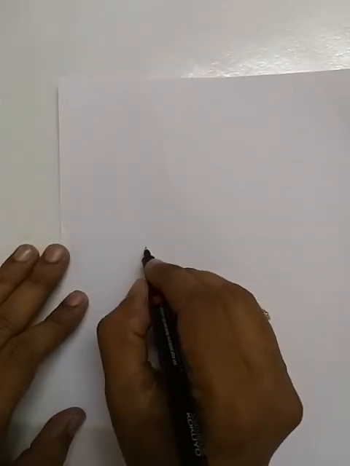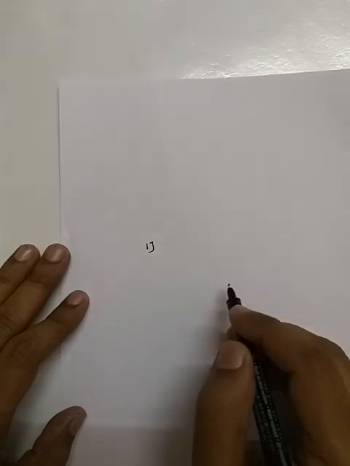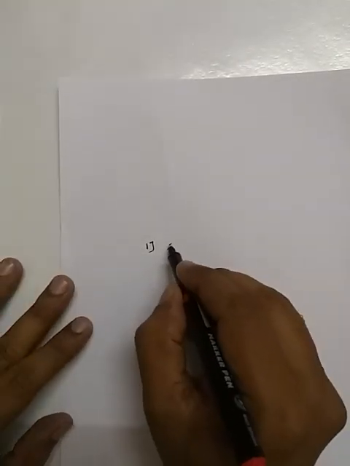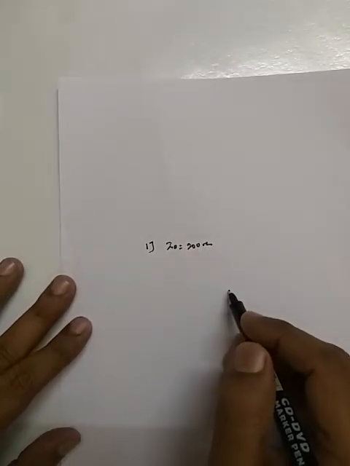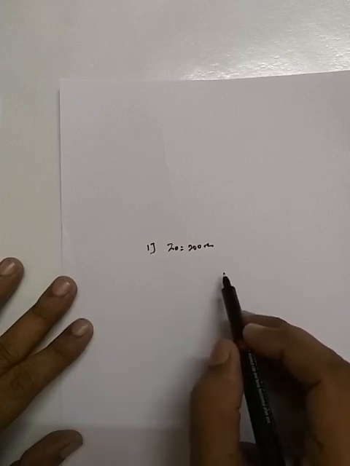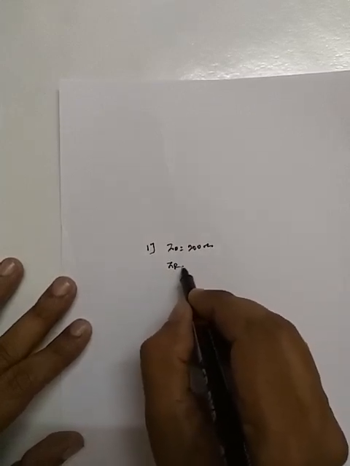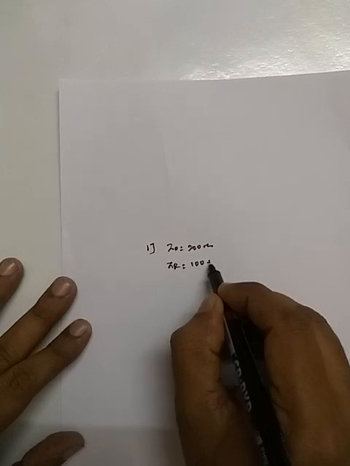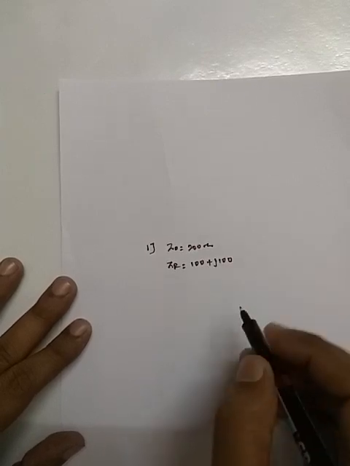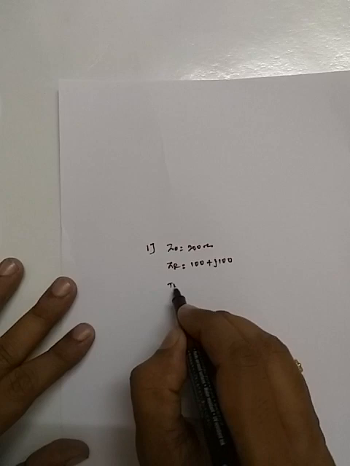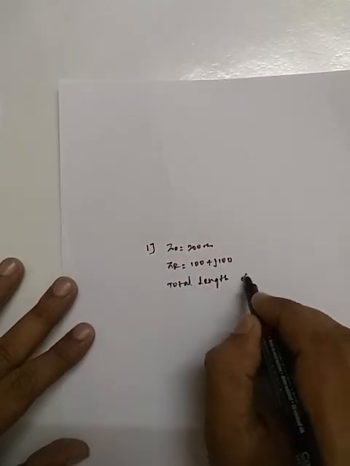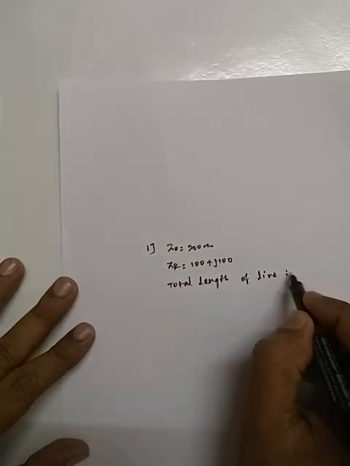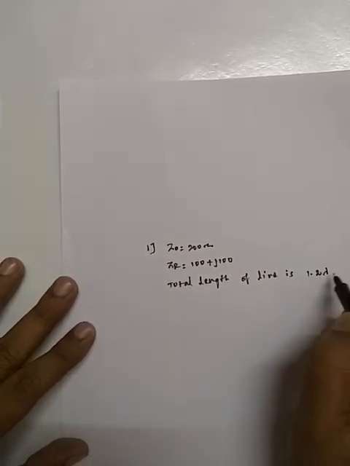The question is: the transmission line has a characteristic impedance Z naught equal to 200 ohm, and it is terminated in a load ZR equal to 100 plus J 100, and assume the total length of the line is 1.2 lambda.